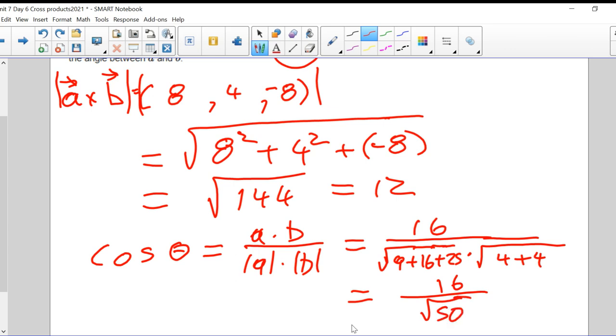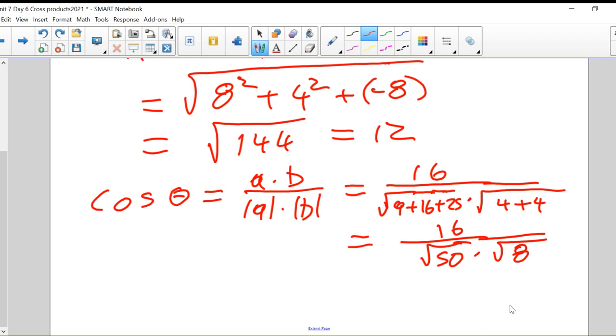I'm going to take your word for it. Is it for both of them or just for one? Because you can multiply the two together. Just for one. Okay, dotted with the square root of 8 then. So it's equal to 16 over the square root of 50 times 8, which would be 400. Well, that's actually 20.